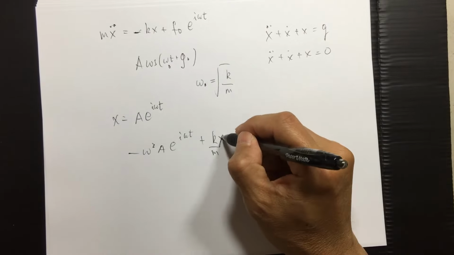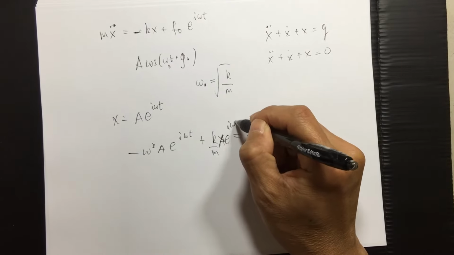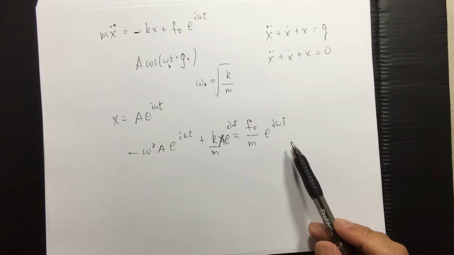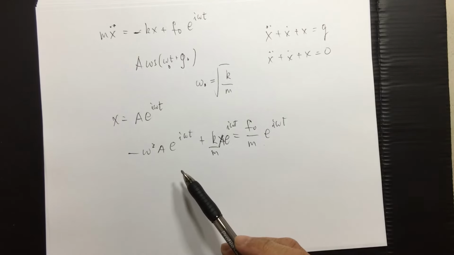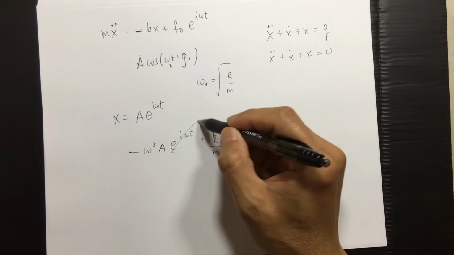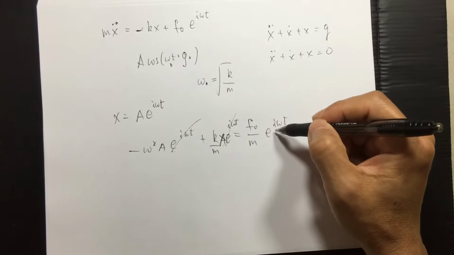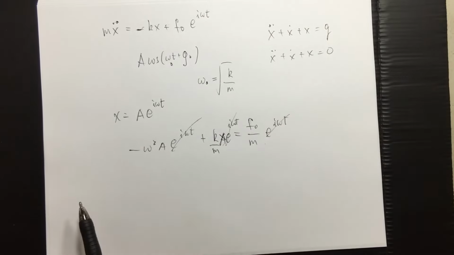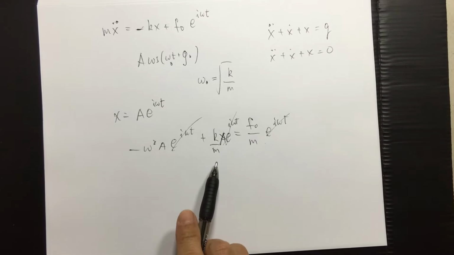Actually this is A e^(i omega t), and this e^(i omega t). Now I can take this e^(i omega t) out, and take A out. And this is omega 0 squared.